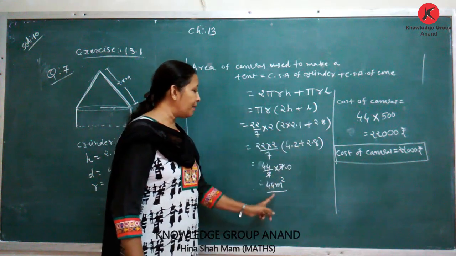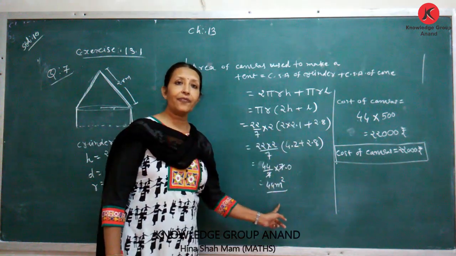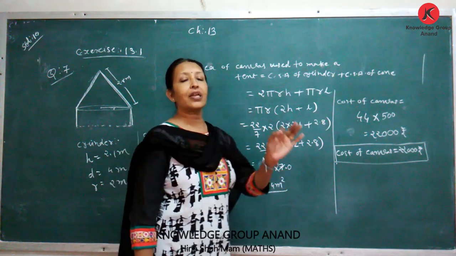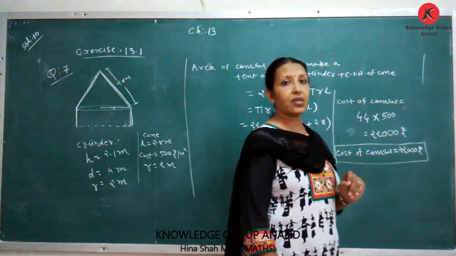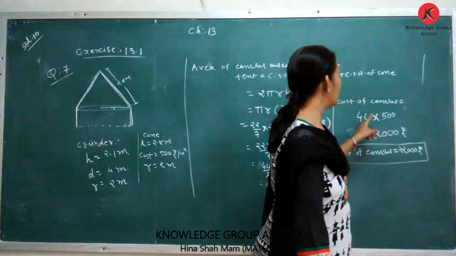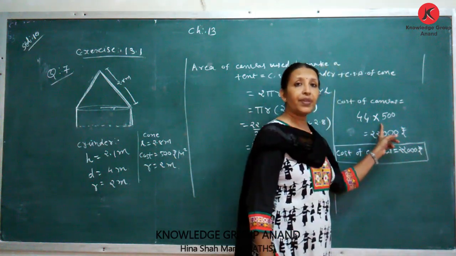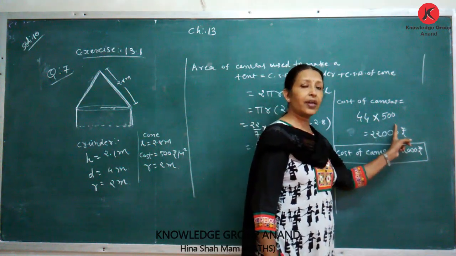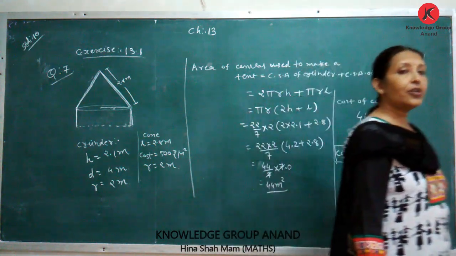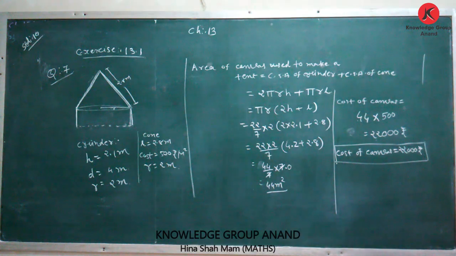Put the values and simplify. Then we get 44 meter square of canvas used. Now find the cost of canvas. Cost of canvas is equal to 44 into 500 rupees per meter square. Therefore 44 into 500 is equal to 22,000 rupees for canvas.